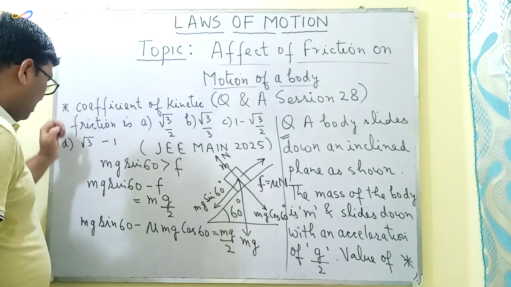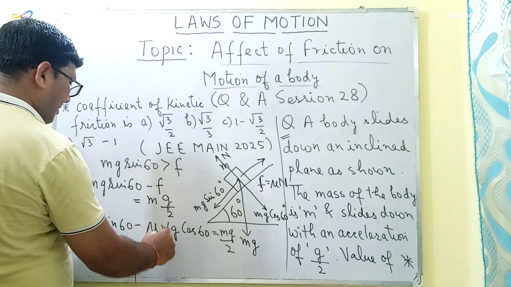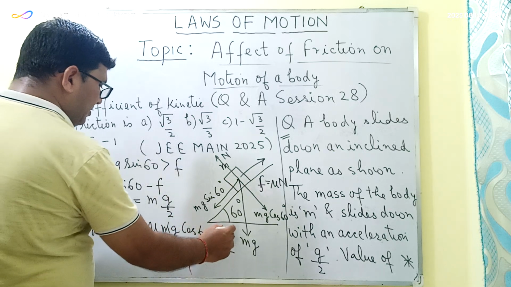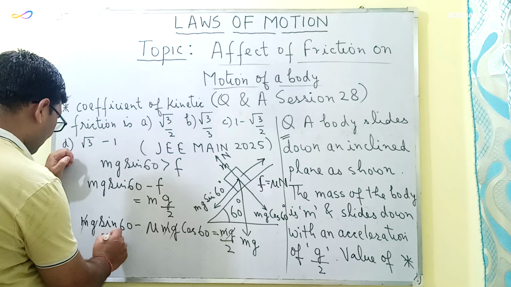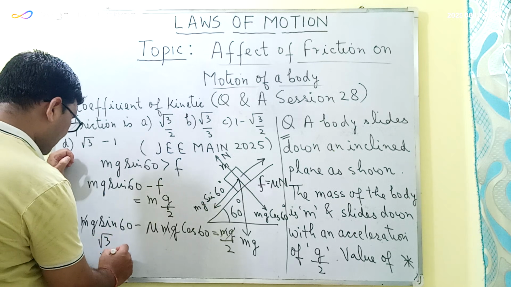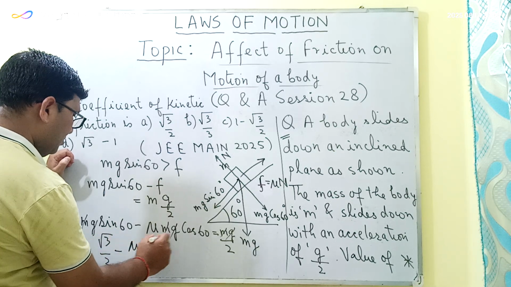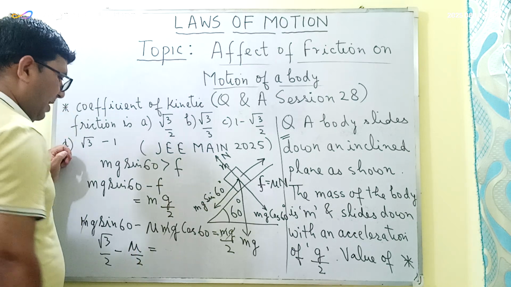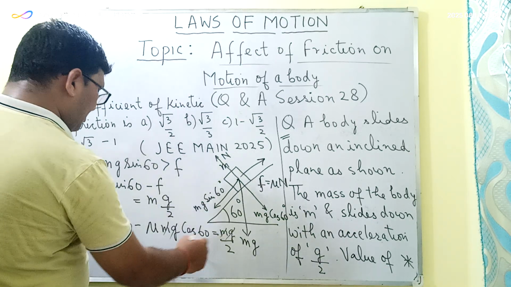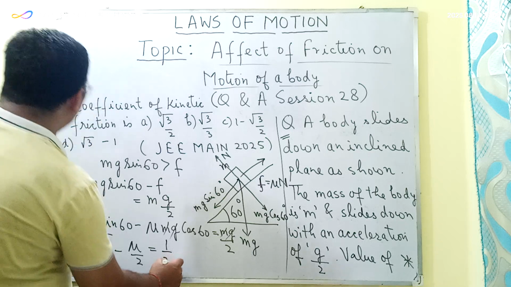divided by 2. So from here m and m will get cancelled out. g and g will also get cancelled out. Sin 60 is equal to root 3 by 2 minus mu cos 60, which is 1 by 2, so this is mu upon 2, and this is equal to 1 upon 2.